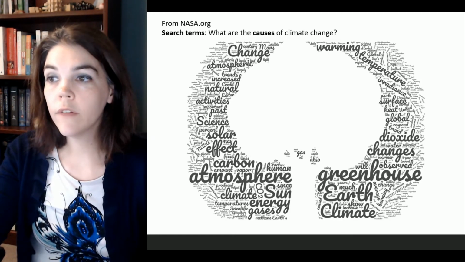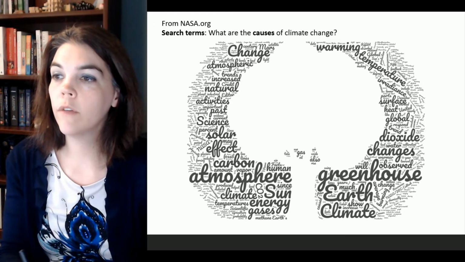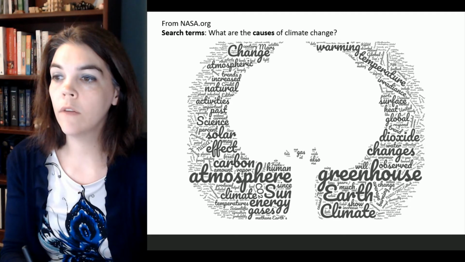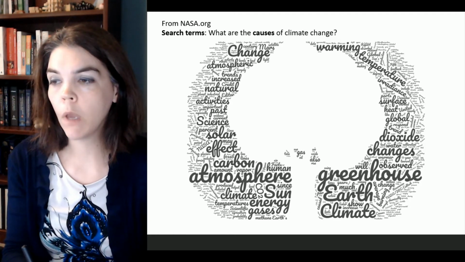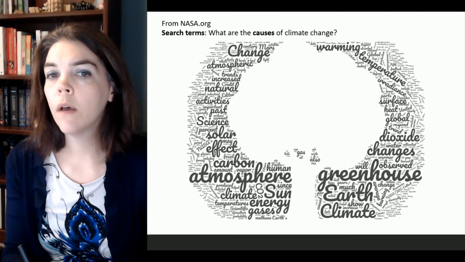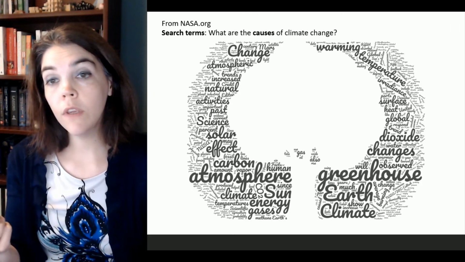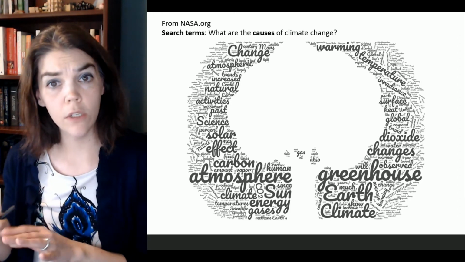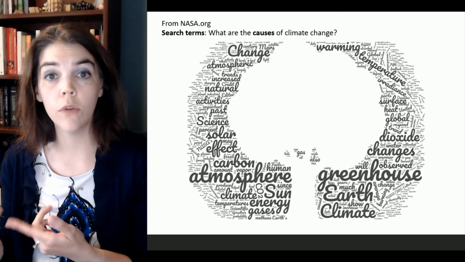Now, causes. Okay, we see words like natural, activities, science, solar. I wonder what they mean by solar. Why would solar be a cause of climate change? So you can see that sometimes word clouds can give you ideas about what to continue to search for in research so you understand.